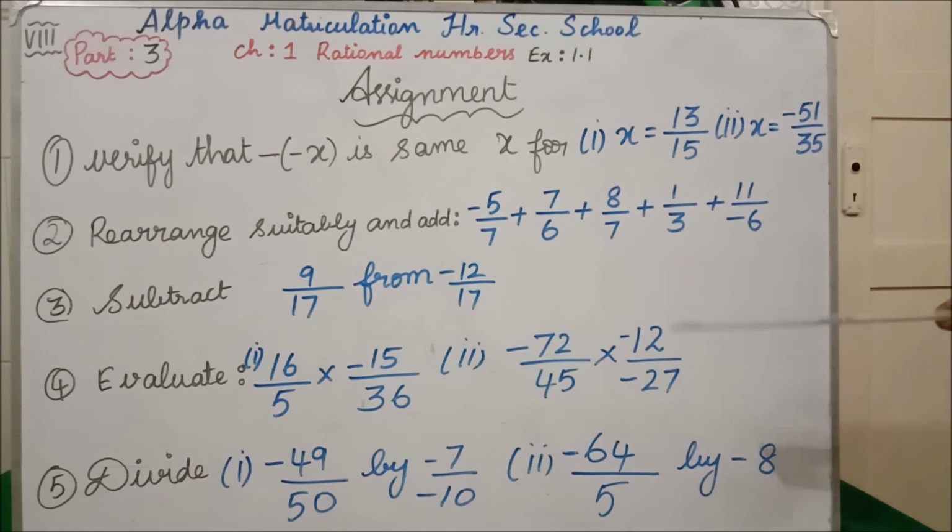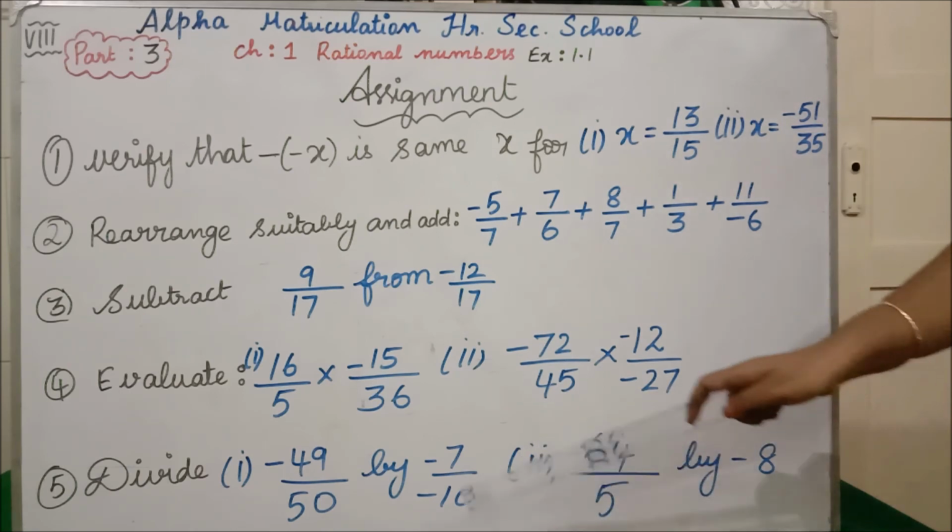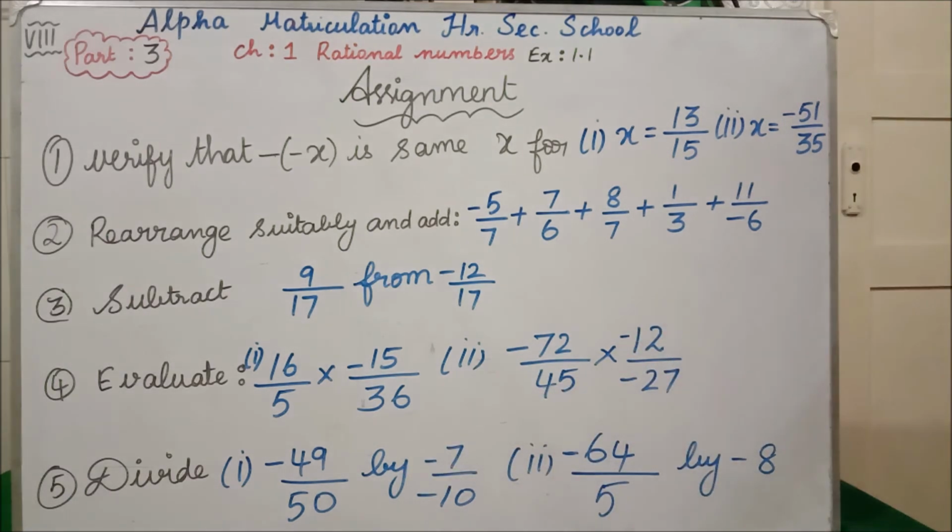Now evaluate: 16 by 5 into minus 15 divided by 36. The next subdivision is 72 divided by 45 into minus 12 divided by 27. So you just have to cancel and find the remaining answer. Divide: what does divide mean? All divisions you have to convert.